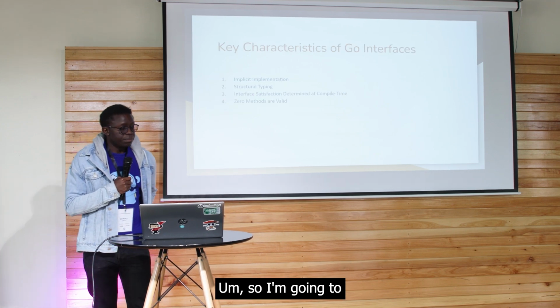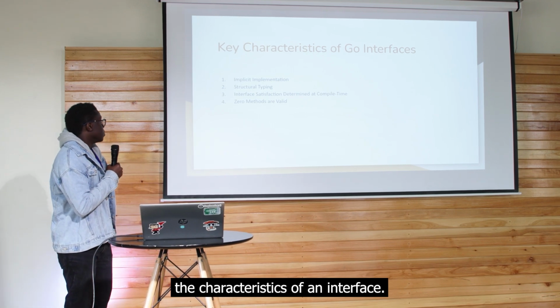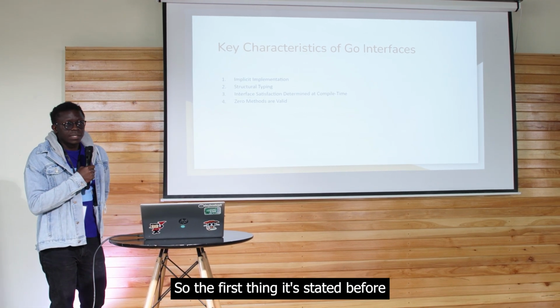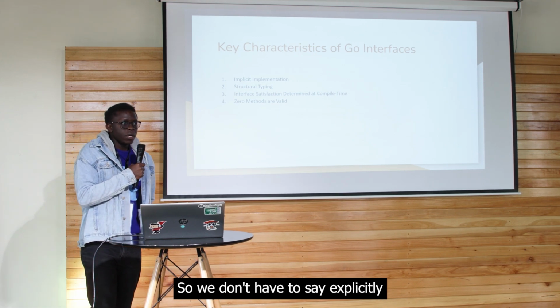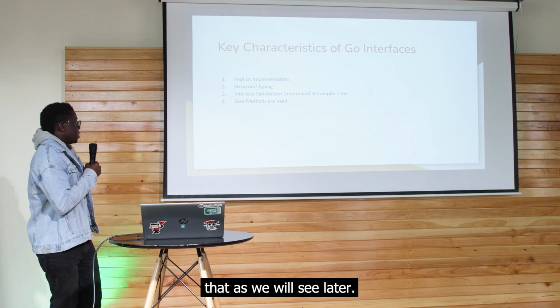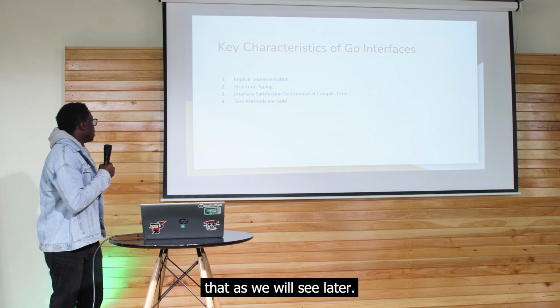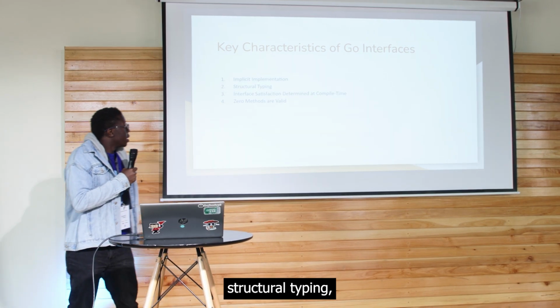Okay, so I'm going to talk about the characteristics of an interface in Go. So the first thing is what was stated before, this implicit implementation. So we don't have to say explicitly this is an interface. Some other languages have that, as we'll see later. Another thing is structural typing.